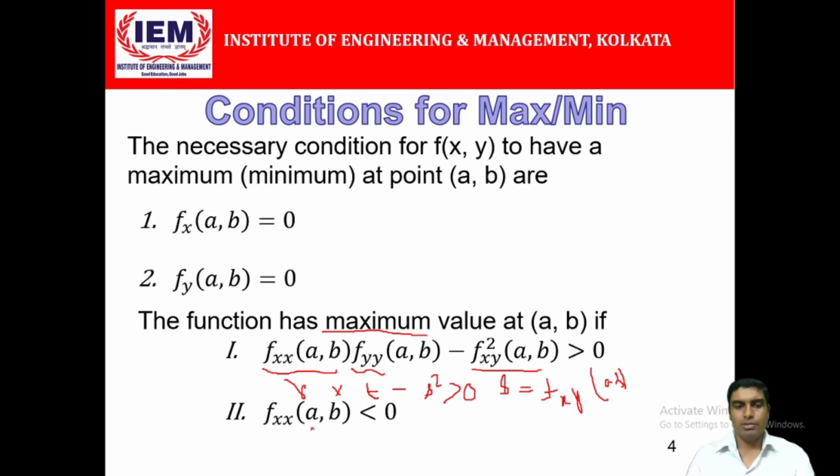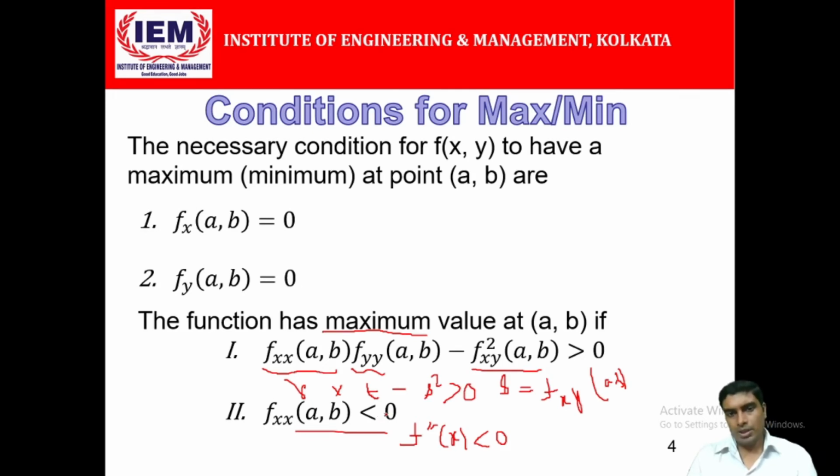This case is similar to the single variable function, which has a maximum value if the second derivative at that point is negative. Similarly here, we are finding a maximum, so r t minus s squared should be positive and the second partial derivative with respect to x should be negative.